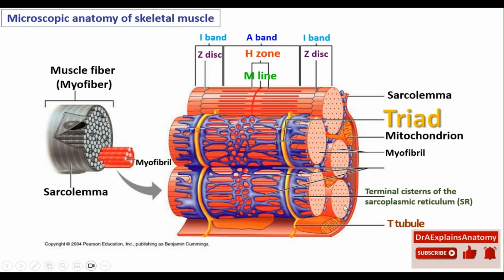Sarcoplasmic reticulum stores the calcium, which is an important ion needed for the muscle contraction. These are the tubules of the sarcoplasmic reticulum. They cover the sarcomere. So right here you can see one sarcomere. In the sarcomere we have the actin and the myosin.